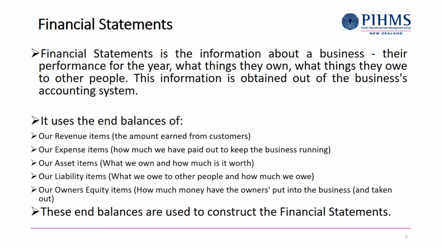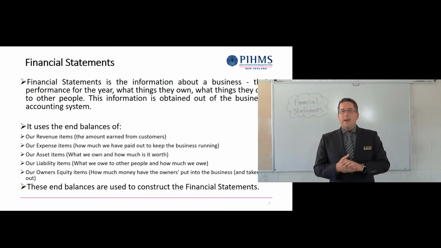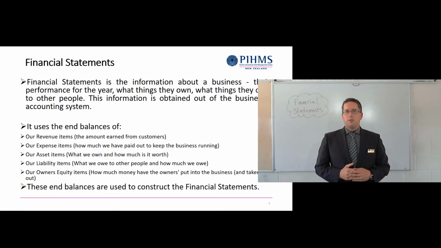We also use our liability items, what we owe to other people and how much we owe. And finally, our owner's equity items. This is how much money the owners have put into the business and also taken out. So these 5 elements are used to construct the financial statements.